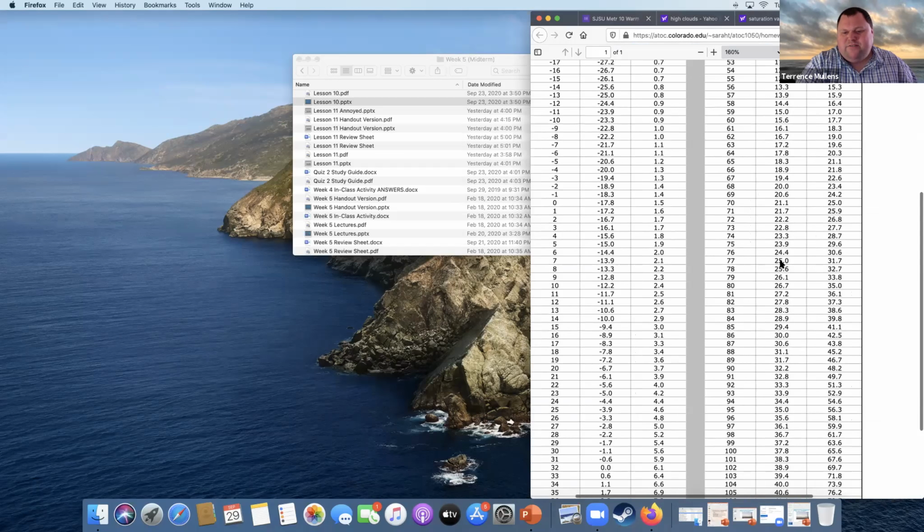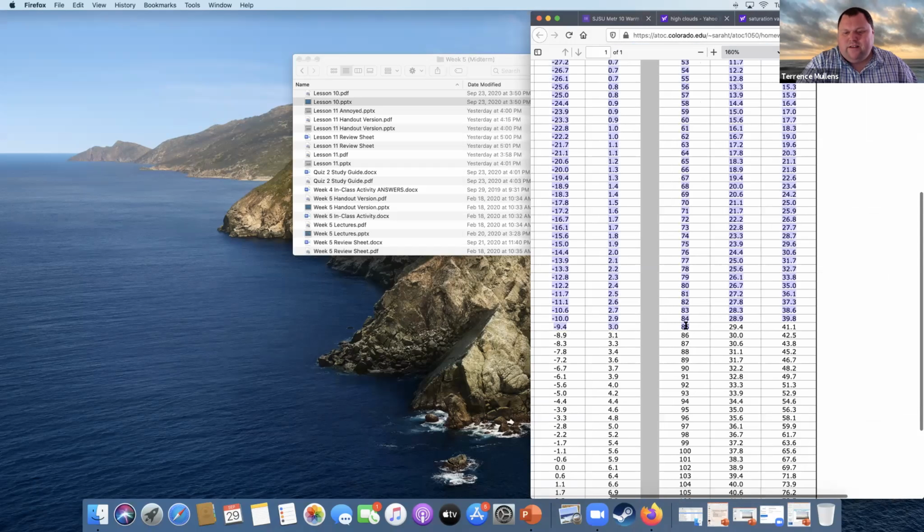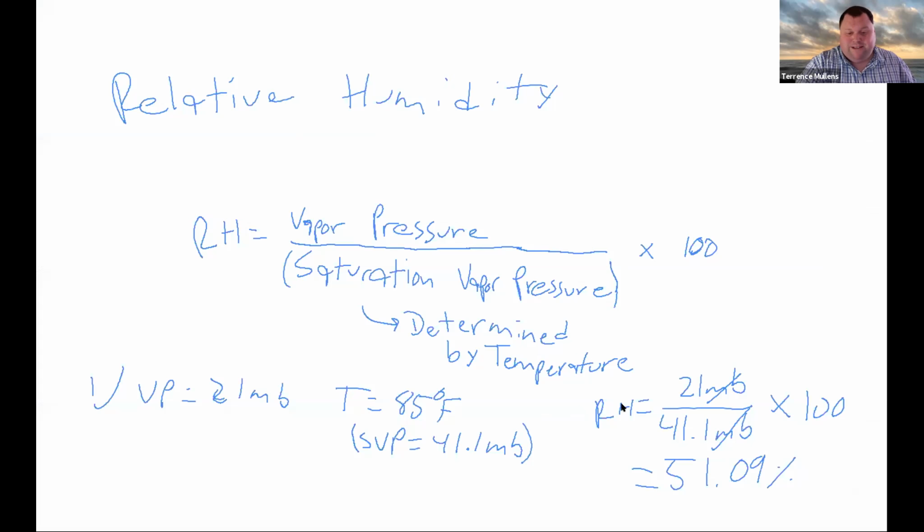For a temperature of 85, saturation vapor pressure is 41.1. So 85 is the temperature in Fahrenheit, 29.4 is the temperature in Celsius, and then 41.1 is the saturation vapor pressure. So that is where I got that 41.1 from.